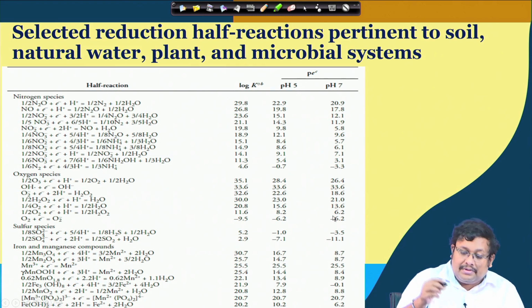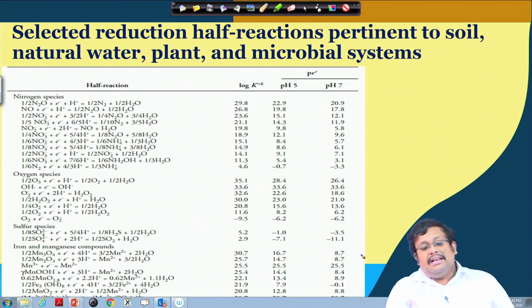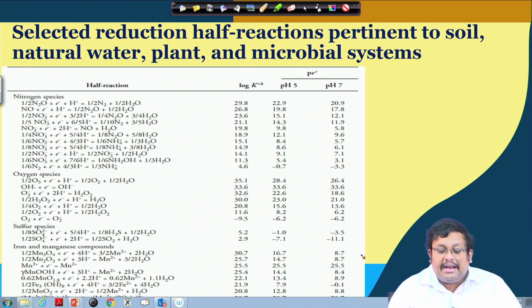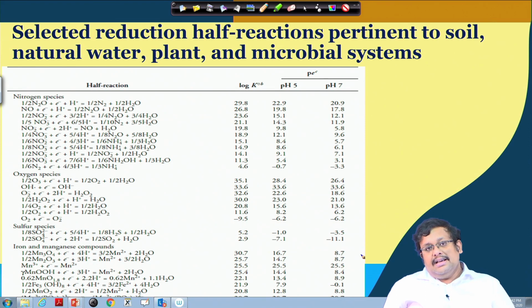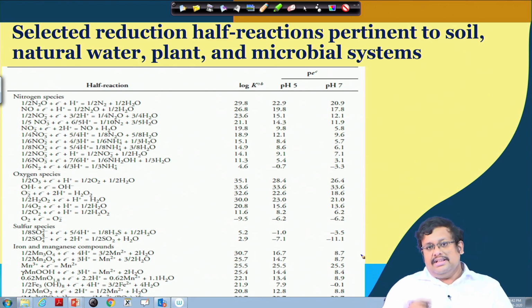Now, these tables show selected reduction half reactions pertinent to soil, natural water, plants and different microbial systems. Now, what is a half reaction? In a redox reaction, the half reaction is either the reduction reaction or the oxidation reaction.